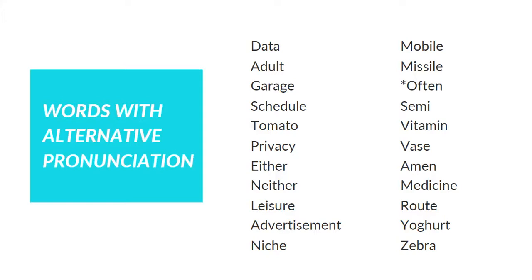Then either, British, either, American, neither, British, neither, American. Now, leisure, British, leisure, American. Advertisement, okay, so it's advertisement for British, then advertisement, American.